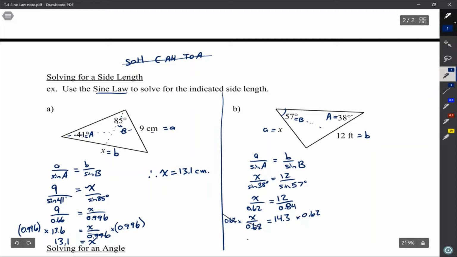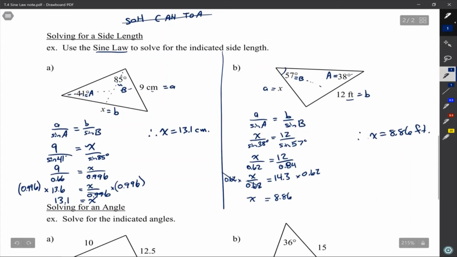Those cancel out, leaving me with x. And 14.3 times 0.62, I can do that in my calculator as well, is 8.86. So therefore, x is 8.86, and our units here are feet.